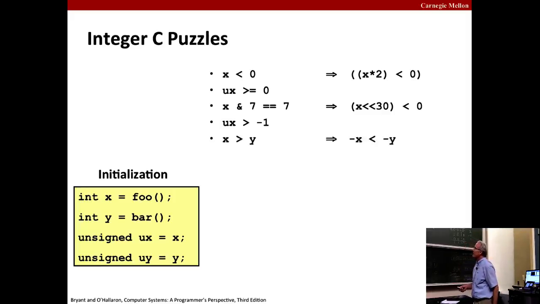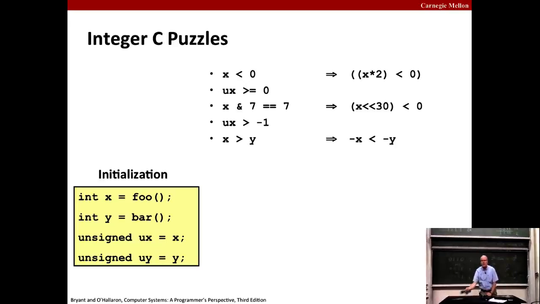Okay, if x is greater than y, is minus x less than minus y? No. By the way, one thing we didn't really cover is, what is the negative of TMin? And to see that, we can use our complement and increment trick.